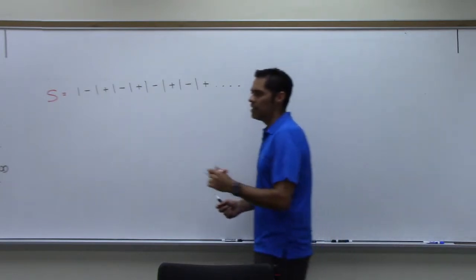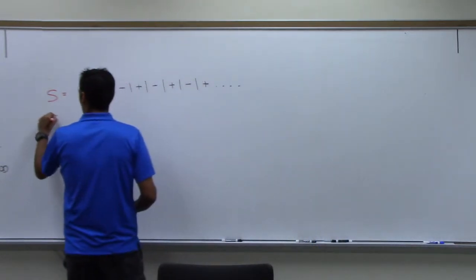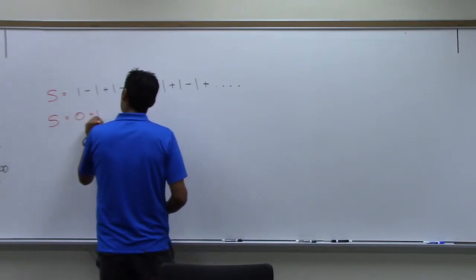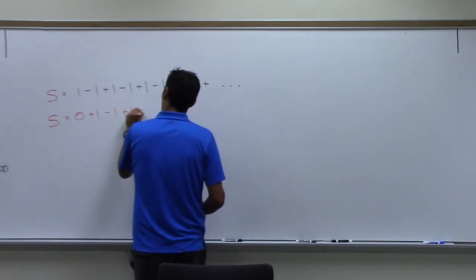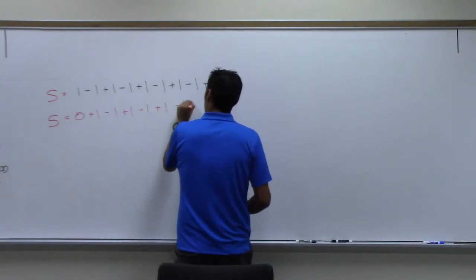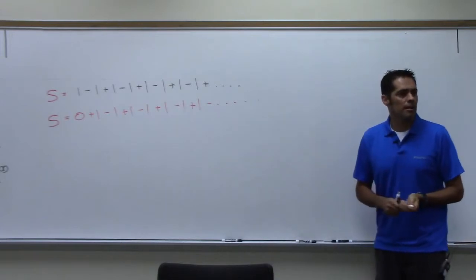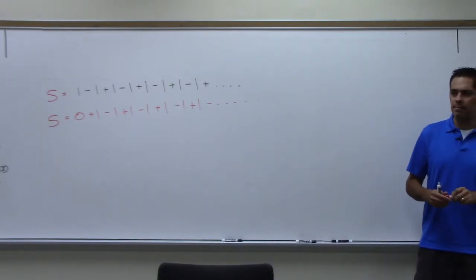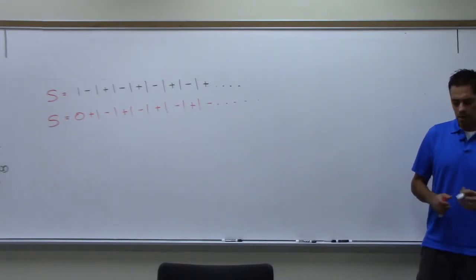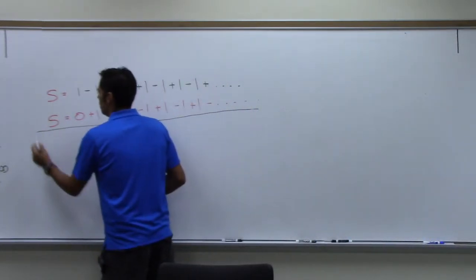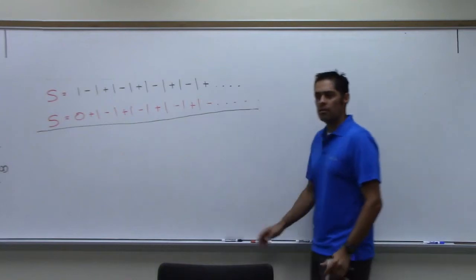I'm going to write S again below it, this way though. Well, it's the same thing, right? Because if you add 0 to something, it's the same. Now what I'm going to do is add these two equations together.